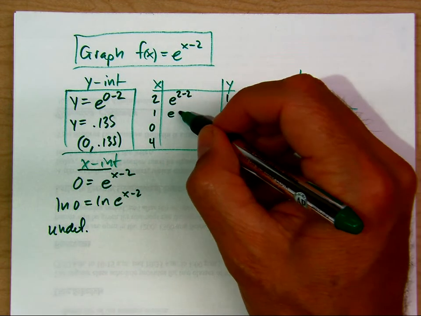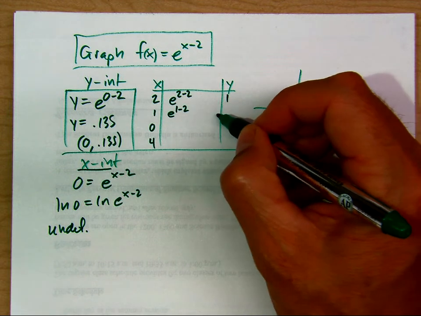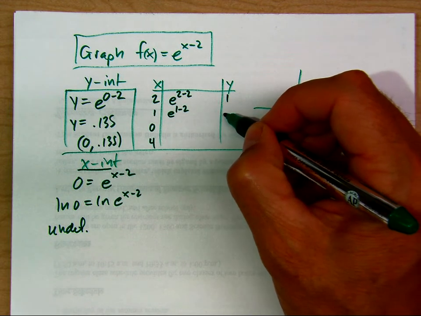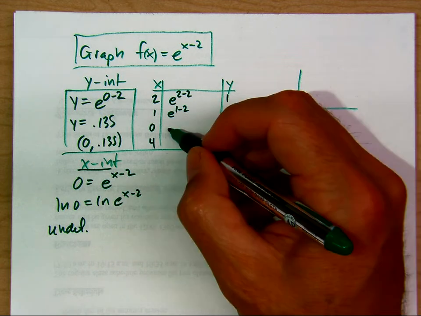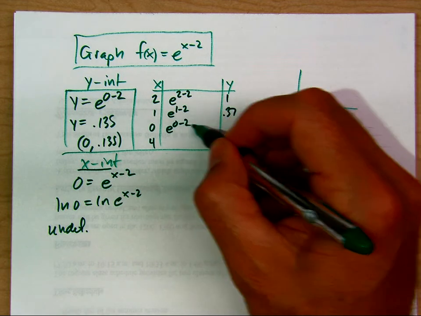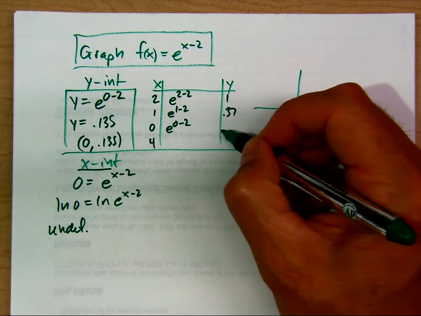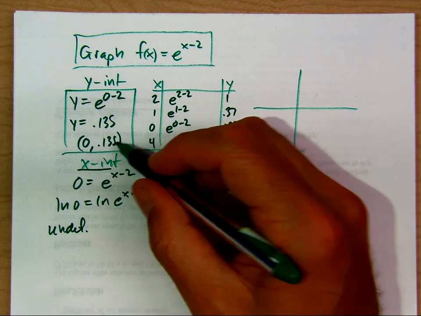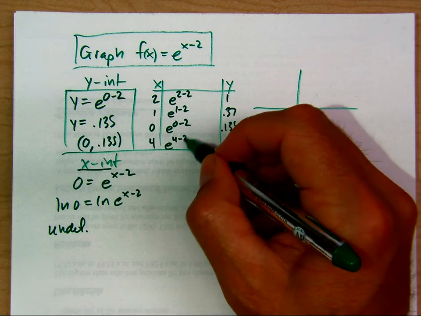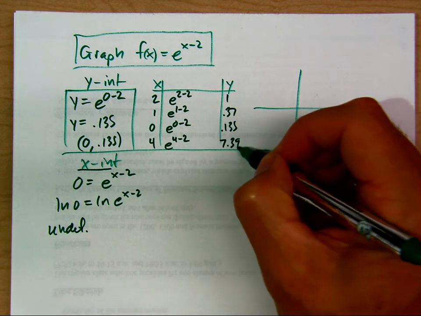Here we have e to the 1 minus 2. That's e to the negative 1. e to the negative 1 is 0.37 approximately. Here we have e to the 0 minus 2, e to the negative 2. We already have that as the y-intercept. e to the 4 minus 2 is about 7.39.